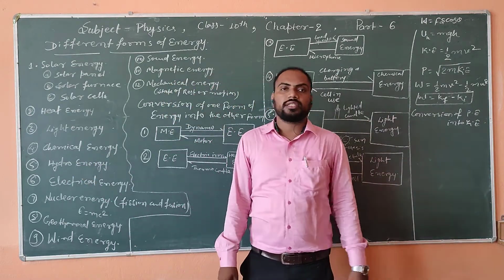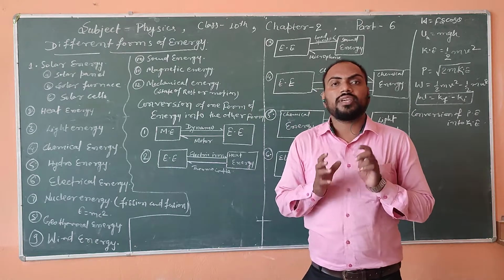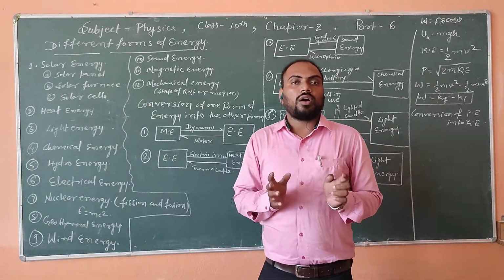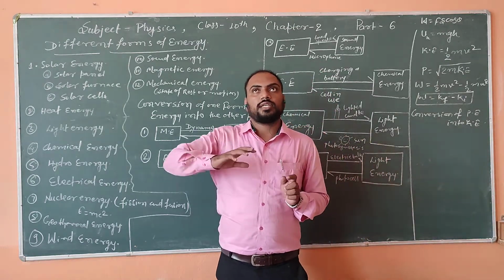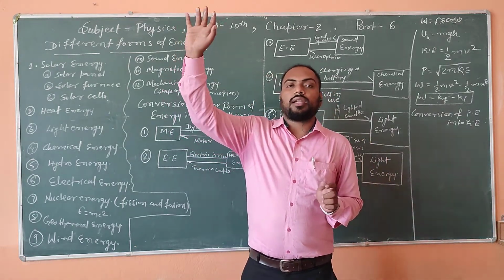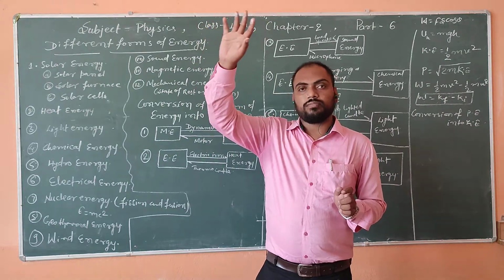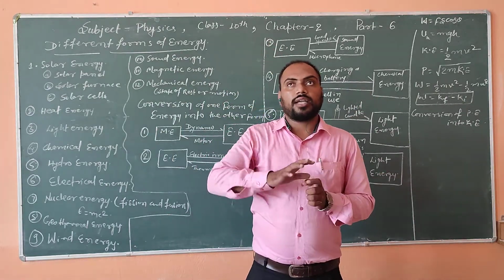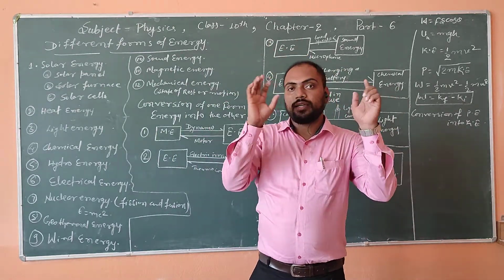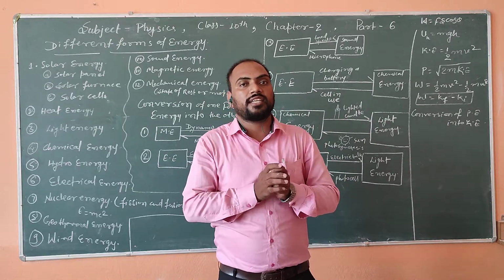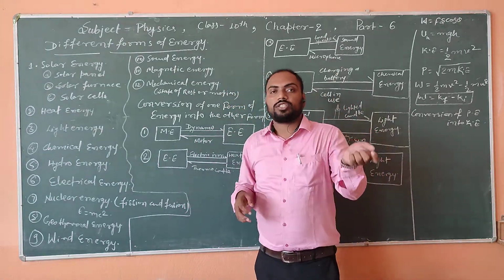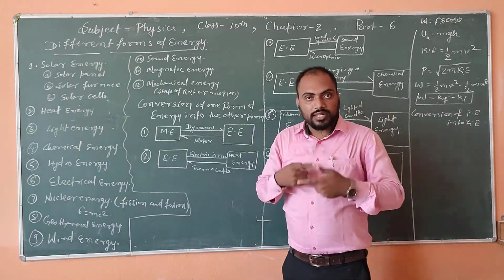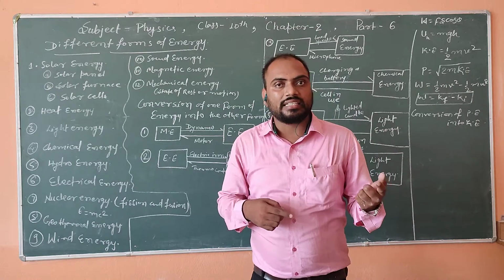Hydro energy. Hydro energy is the energy we get from water bodies. A large amount of water is kept at a height, and the water has potential energy. When it falls from that height onto a turbine and rotates the turbine, it produces electrical energy.